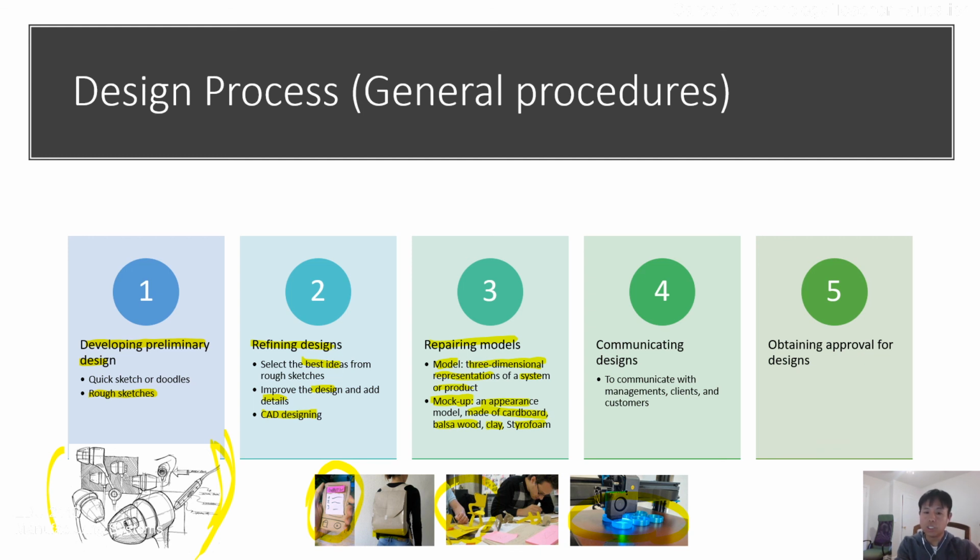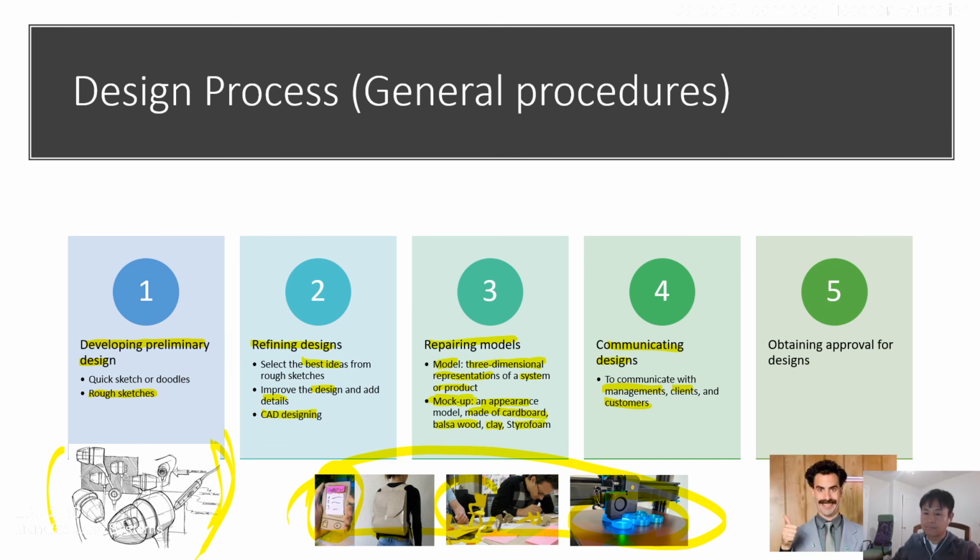So that's why people do mockup design, so-called rapid prototyping. And then the next step is communicating the design with the management team, clients, and customers by showing this mockup design. And the final step is approval of the design, like this, right?